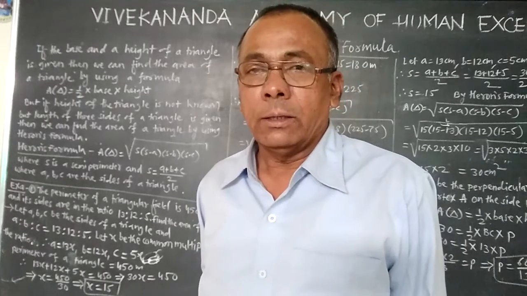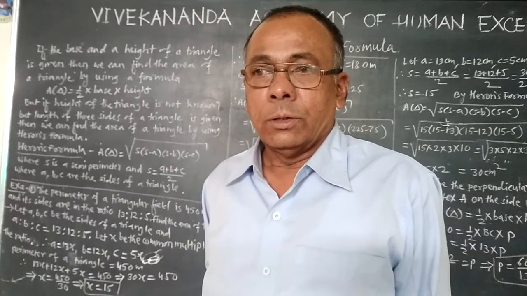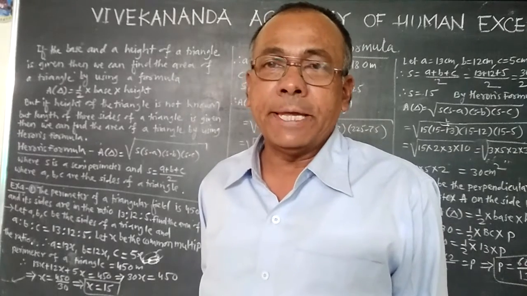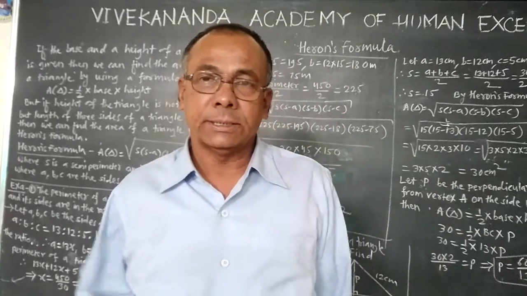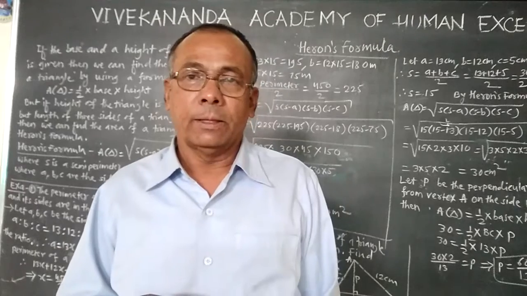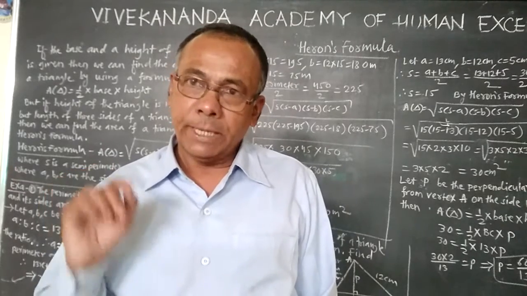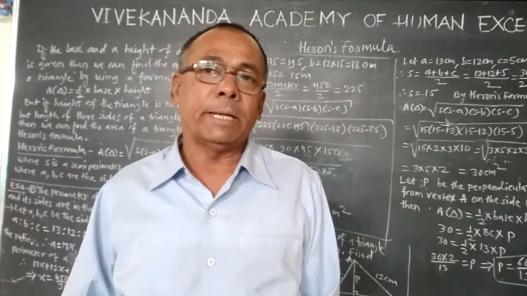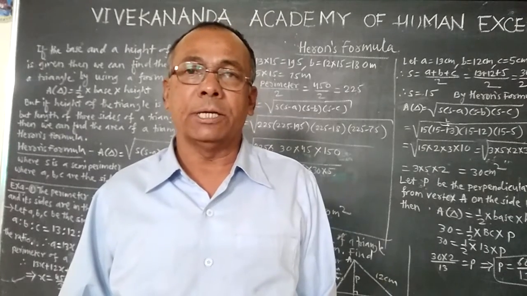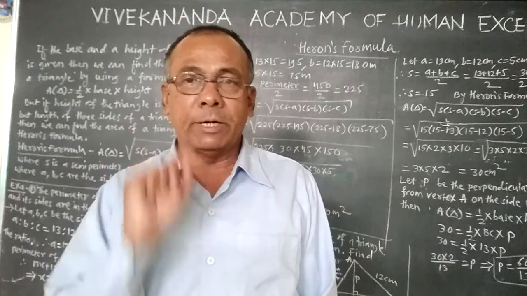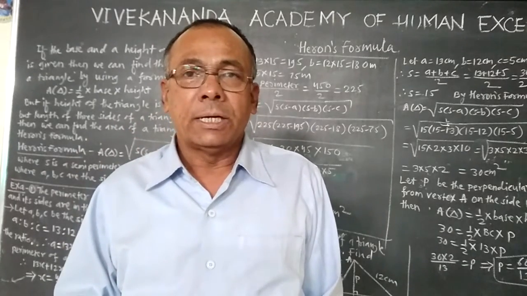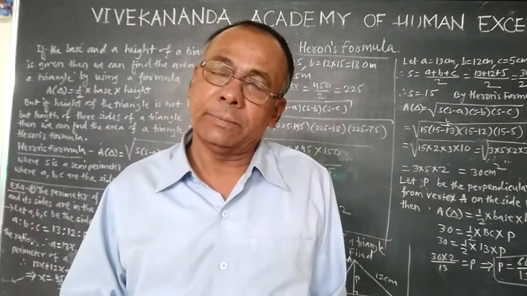In this formula, we must know the semi perimeter. S indicates the semi perimeter of the triangle, and semi perimeter can be found out: S is equal to A plus B plus C divided by 2, where A, B and C are the lengths of the 3 sides of the triangle.